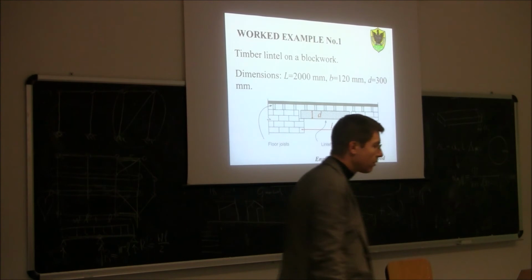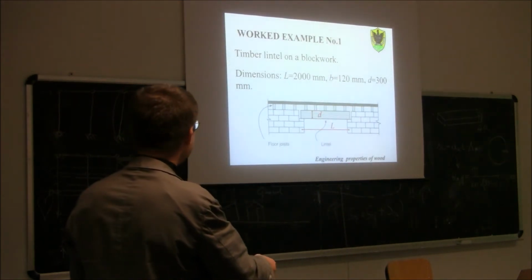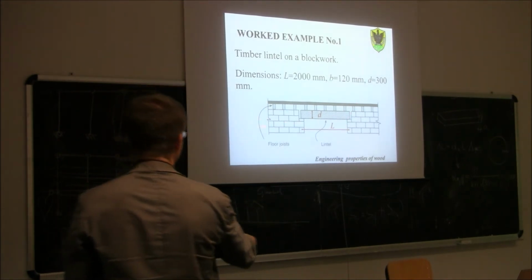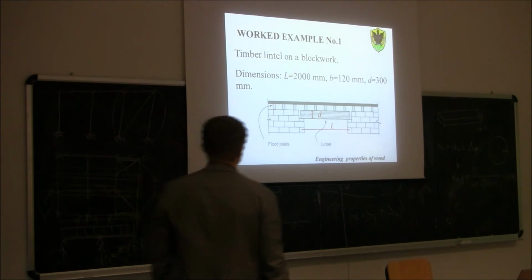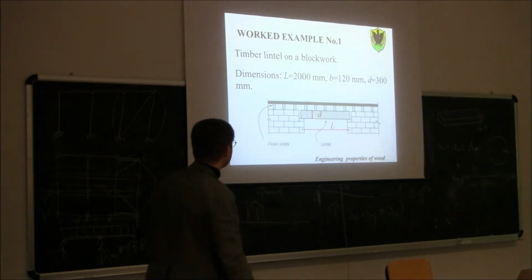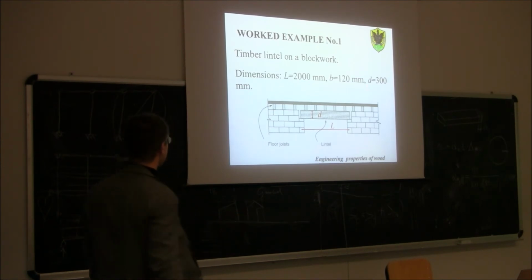So let's now make a small example. We have a lintel, an architrave, made of wood, in a brick construction. L is the length, D is the depth, and B is the width. So L is 2000 millimeter, B 120 millimeter, D 300 millimeter.